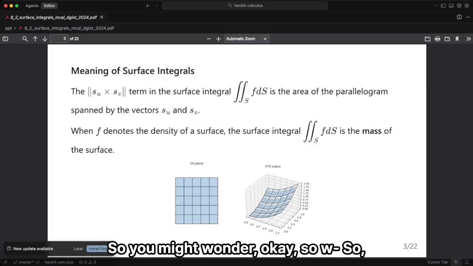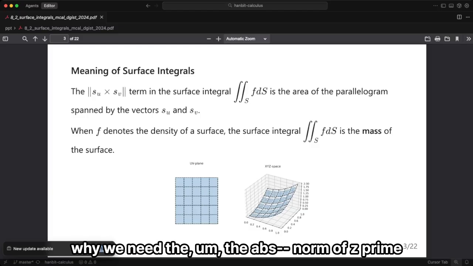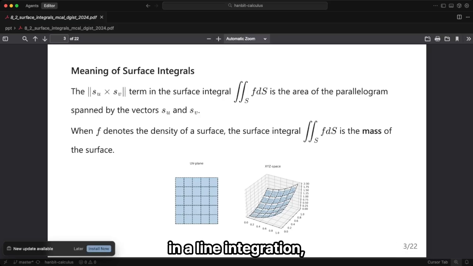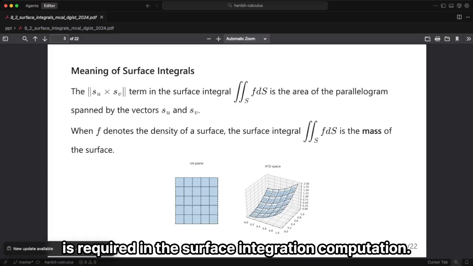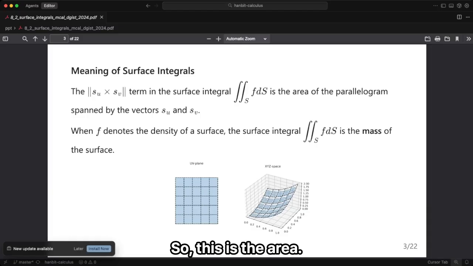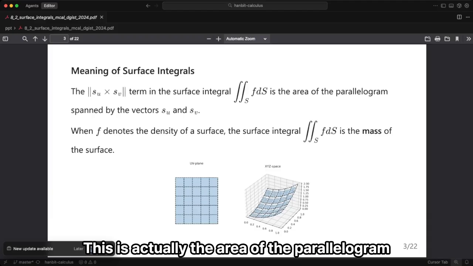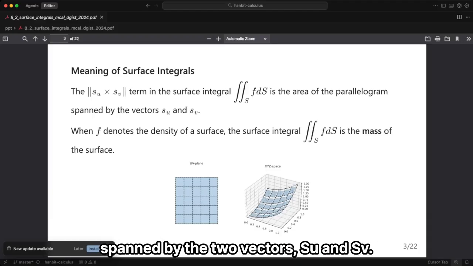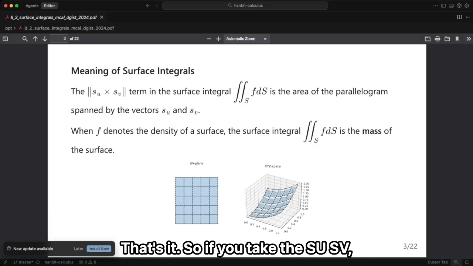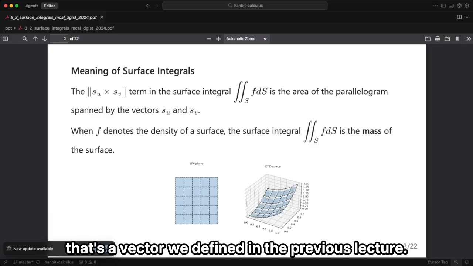You might wonder: we can understand why we need the norm of C prime in the line integration, but why is this term required in the surface integration computation? This is actually the area of the parallelogram spanned by the two vectors Su and Sv, which we defined in the previous lecture.